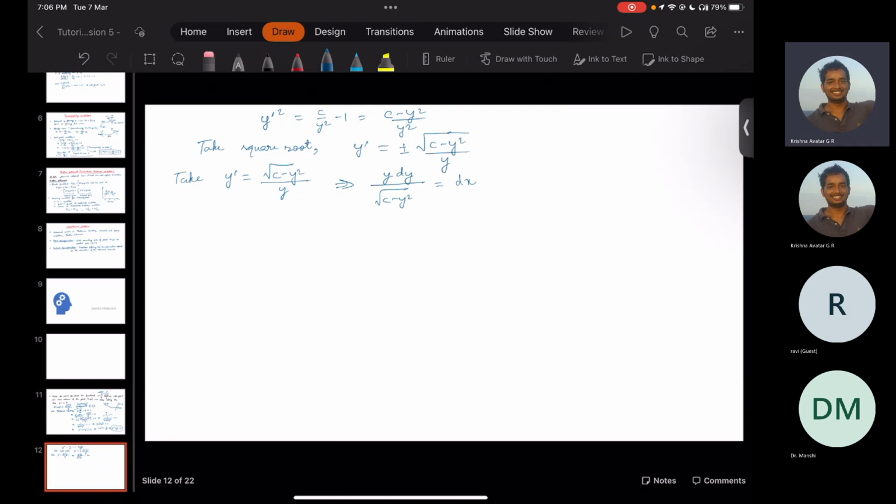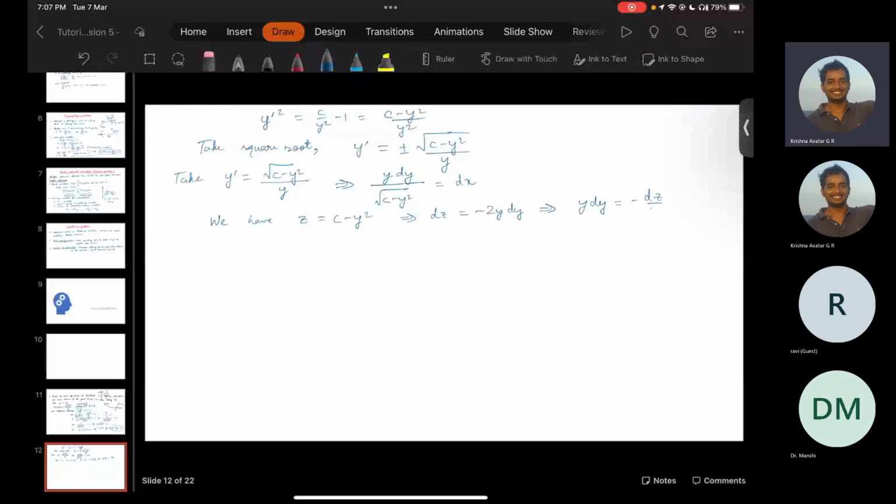Otherwise, it's tough to solve in its current form. So we have say z is equal to c minus y squared, and differentiating on both sides, we'll have dz is equal to minus 2y dy, and then this gives us y dy is equal to minus dz by 2.